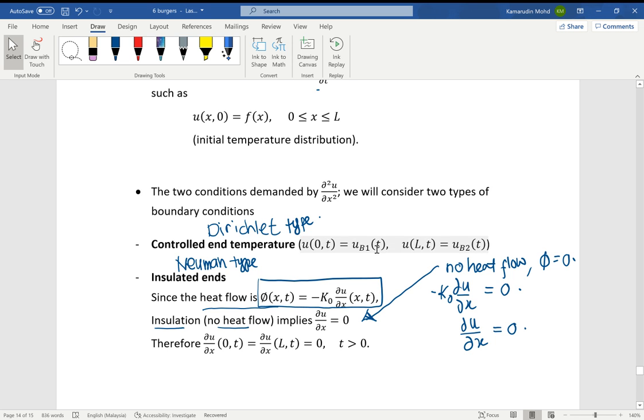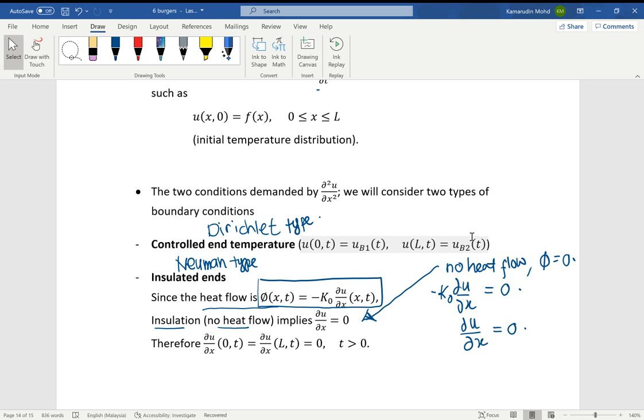There are some more cases based on this type. It can be both 0, like we see in the example for the method of separation of variables. The first example that we saw is both 0 value, or called 0 temperature at endpoints. It also can be constant values at both ends.